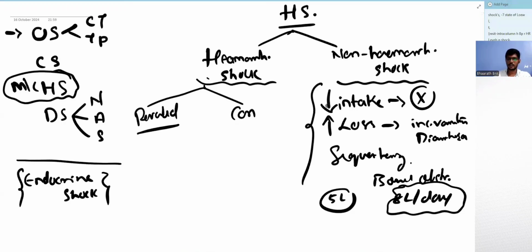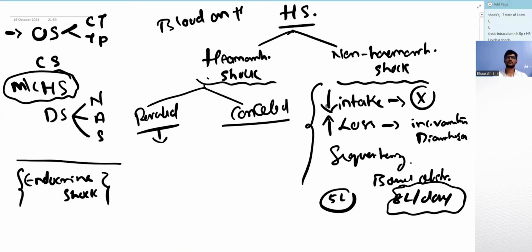Revealed hemorrhage is where you are seeing the blood. Hemorrhagic shock is called blood on the floor and four more. This is an aphorism, blood on the floor and four more, right? So revealed hemorrhage is actually the blood on the floor.